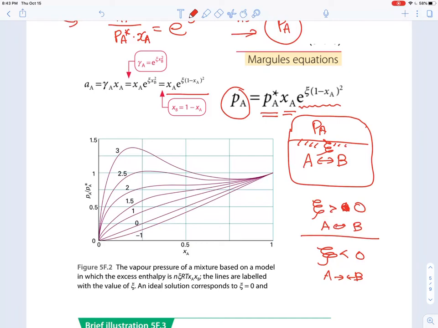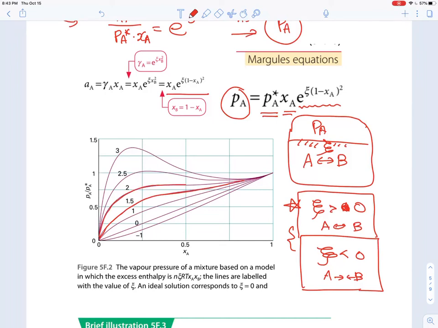So I can anticipate that in the case where psi is lower than 0, A likes to stick to B, so less vapor pressure develops, whereas a positive psi value, which is more common here, is the case where they have a positive deviation, depending on how large it is.